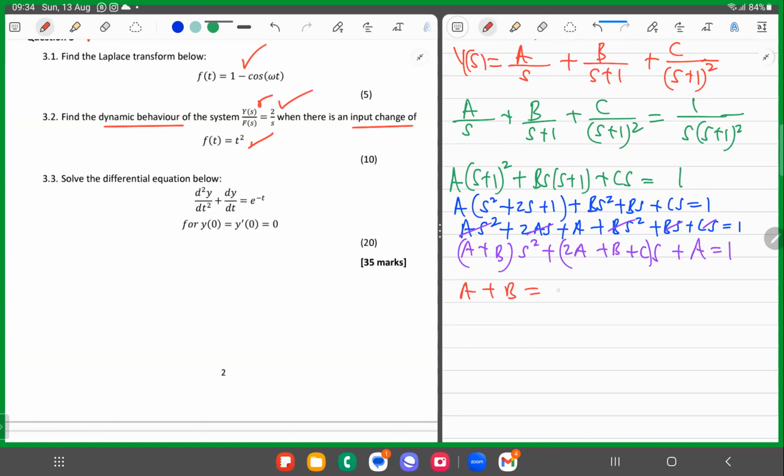Which means A plus B is 0. And then we're comparing the coefficients. By comparing coefficients, A plus B is 0, which means that B is equal to minus 1 if you put the A there.